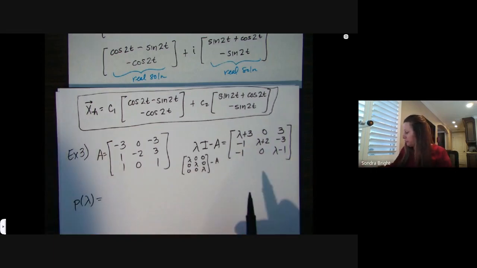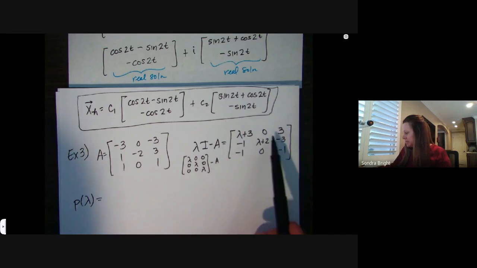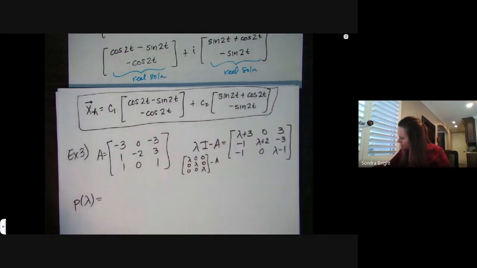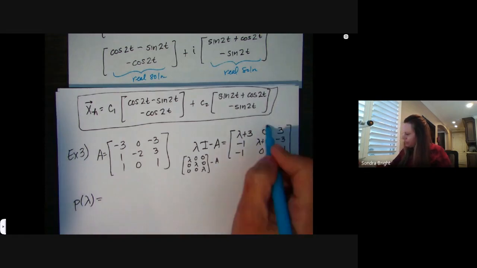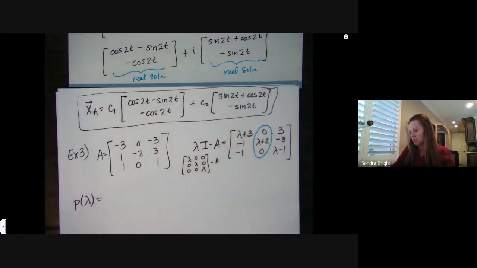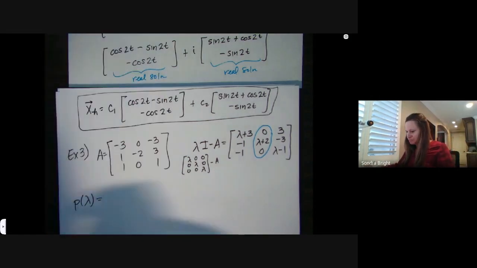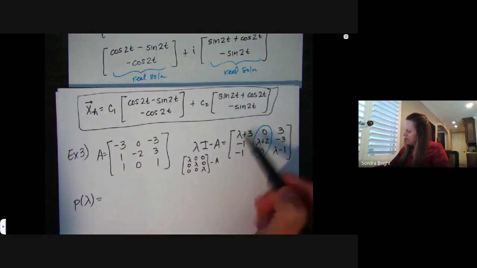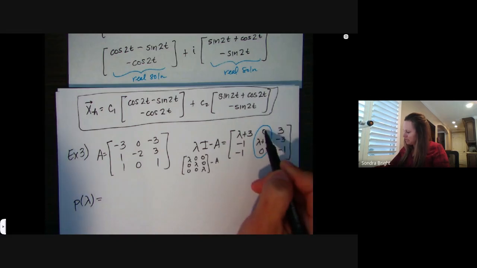You could do row 1 times these guys, but here's what I noticed: column 2 has 2 zeros in it, so I'm going to use column 2. You'll get the same answer if you used row 1; you're just going to have to do more work. Remember that the signs would be plus minus plus. If this is a minus, that makes this a plus and then a minus.